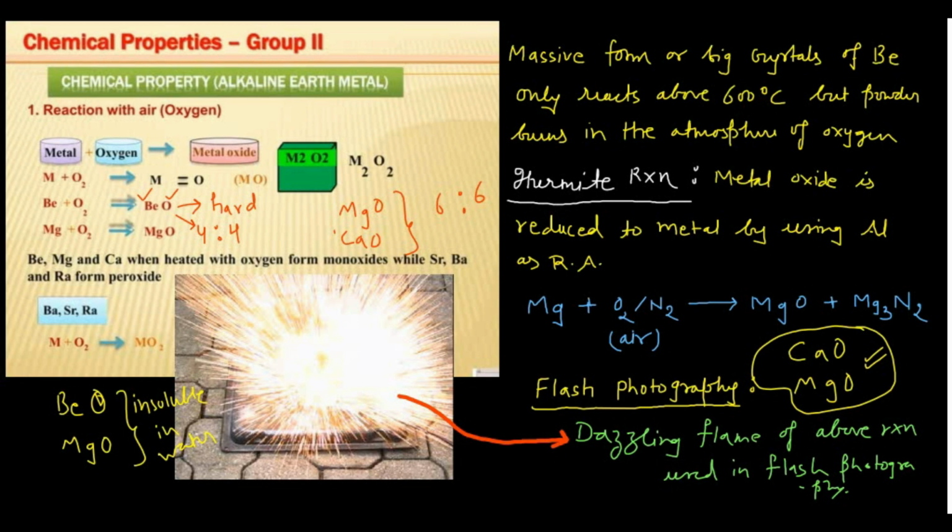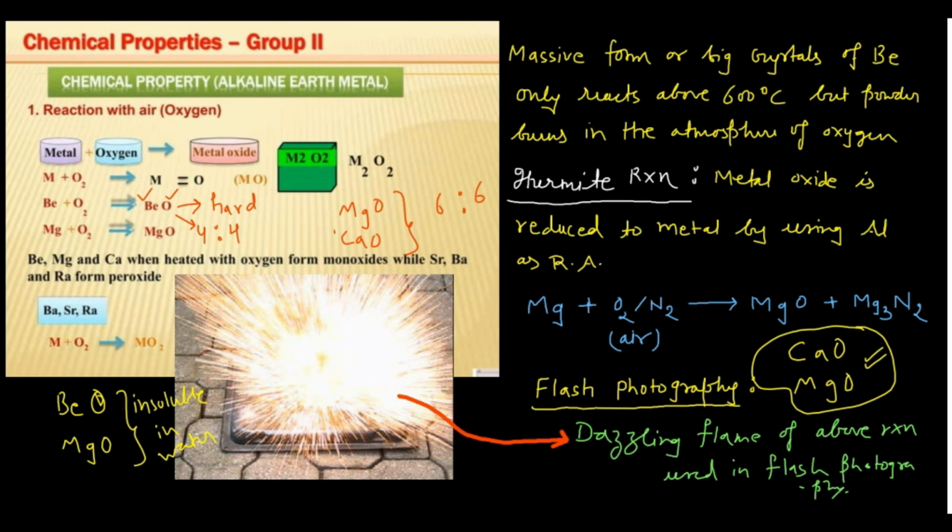But if you finely divide these crystals into a fine powder, the grains have a much larger surface area. Due to this larger surface area, the reaction rate goes higher. So when you convert the massive form into powder, only then can you burn beryllium in the presence of oxygen to get beryllium oxide. Otherwise it is not possible.